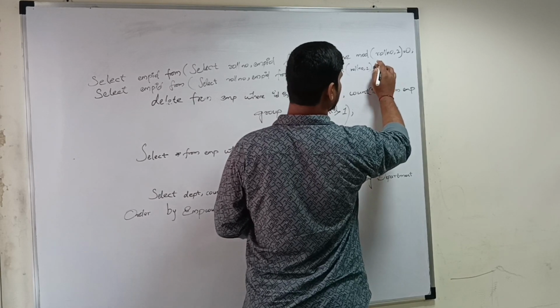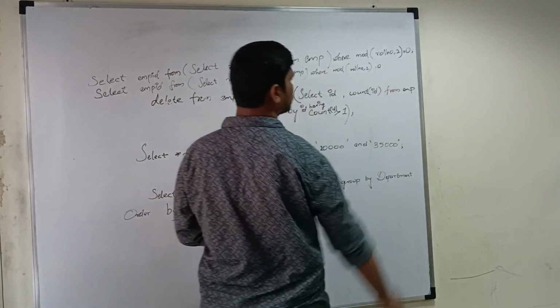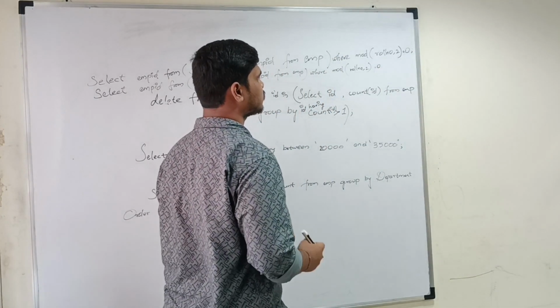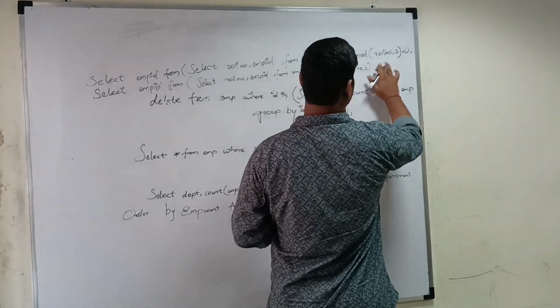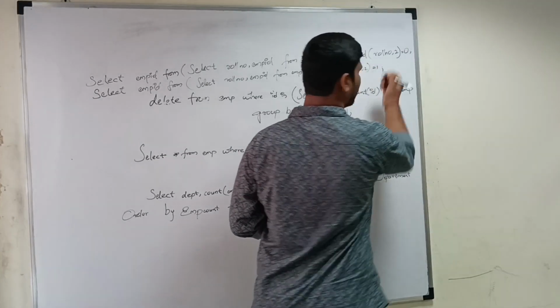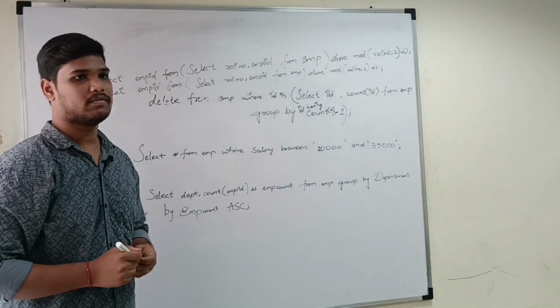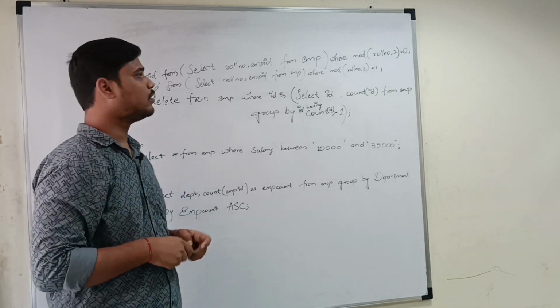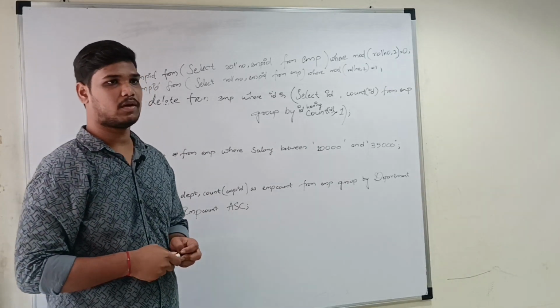Equal to only. Why are you using the not equal to symbol? Is it possible? Equal to 1. When you are doing modulo, if the remainder is 1, it is going to retrieve odd records. When we divide it, if the remainder is 1, it is odd.